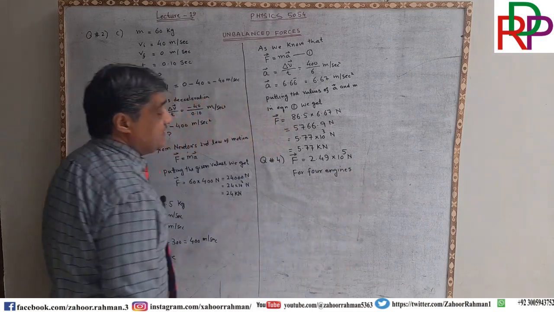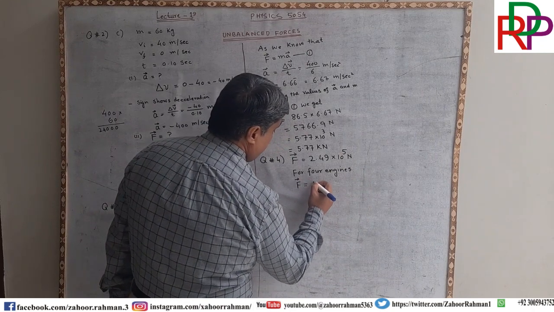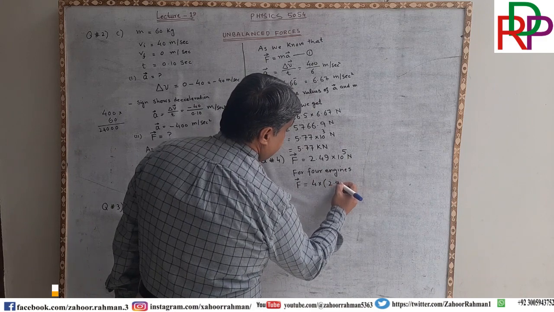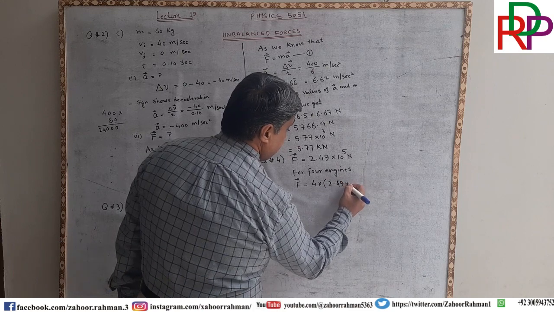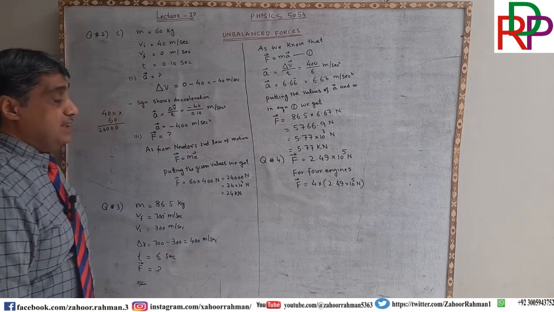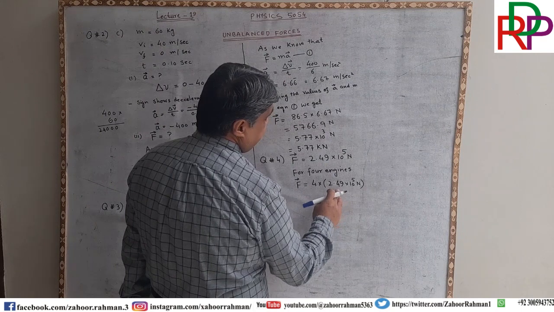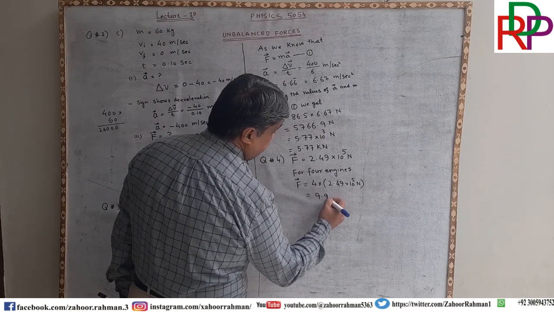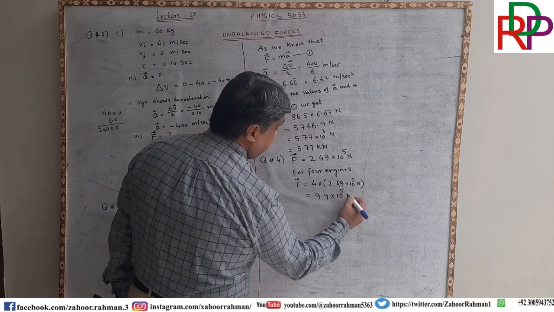For 4 engines, F is equal to 4 into 2.49 into 10 raised to the power 5 Newton. Ladies and gentlemen, when you multiply this, it will become 9.9 into 10 raised to the power 5 Newton.